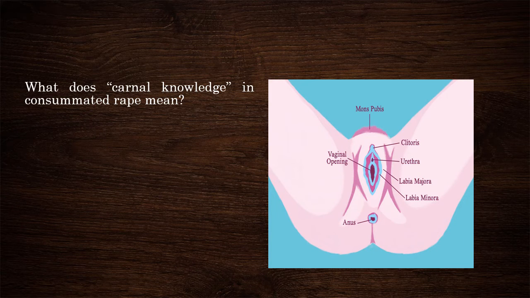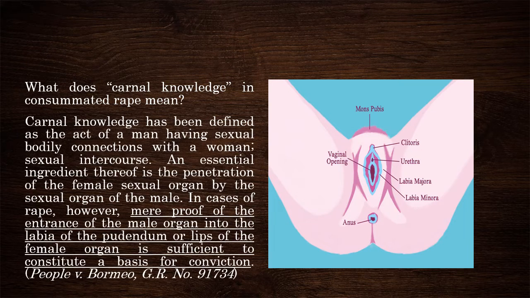What does carnal knowledge in consummated rape mean? Carnal knowledge has been defined as the act of a man having sexual bodily connections with a woman. Sexual intercourse. Now, an essential ingredient thereof is the penetration of the female sexual organ by the sexual organ of the male.